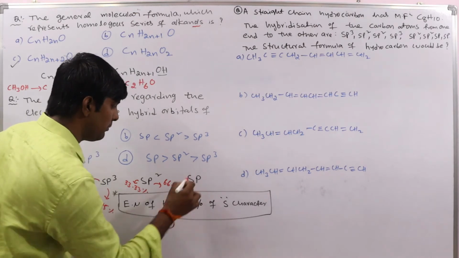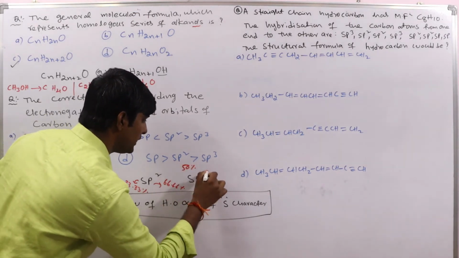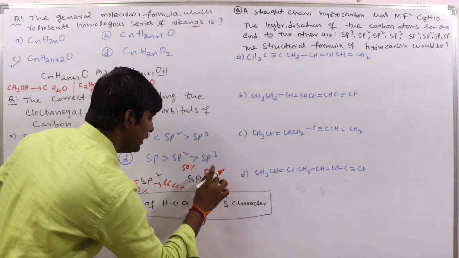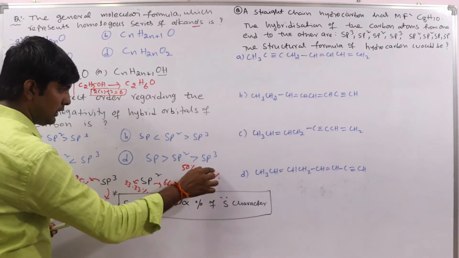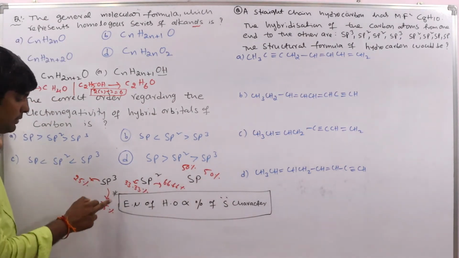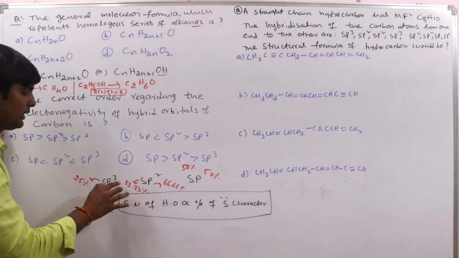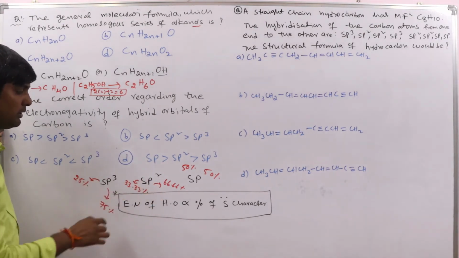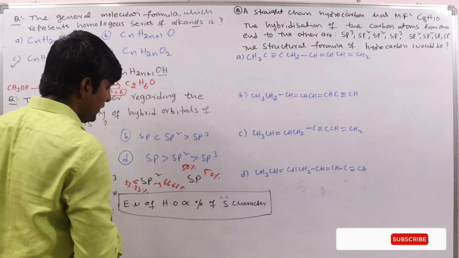In the sp hybrid orbitals, S percentage is 50% and P is also 50%. With 4 orbitals, 100 by 4 gives 25%; 3 p orbitals, so 25 into 3 is 75. 100 by 3 gives 33.33% for the S orbital. Like that you can easily remember.